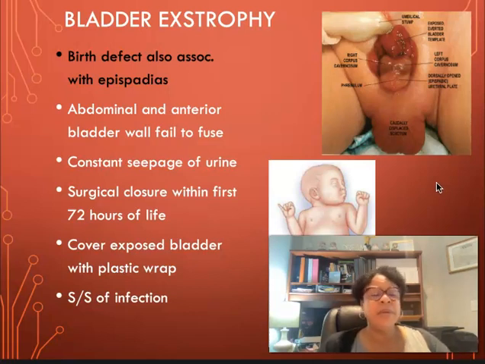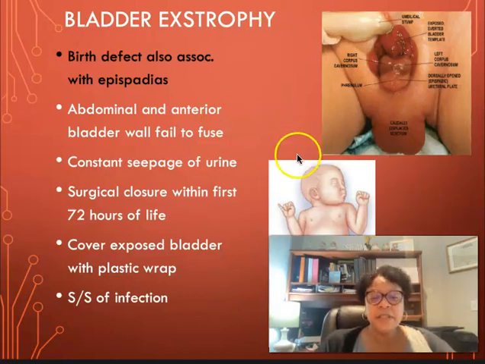This can also include reproductive organs that are born outside of the body, some muscular cavity contents as well. So bladder, muscle, reproductive organs, altered development of the penis as well. And this can happen to girls as well as boys.